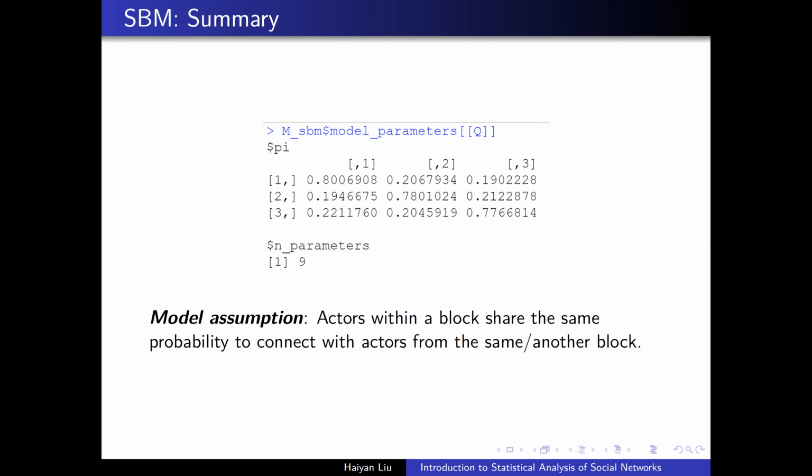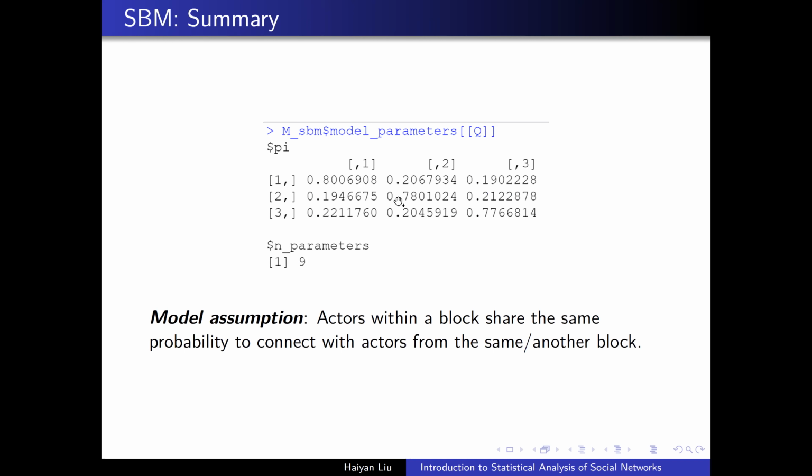Based on ICL, Q equals 3 is the best model. So we interpret the model using Q equals 3. When Q equals 3, the pi matrix is a 3 by 3 matrix. The first diagonal element is the probability for nodes to connect if they both belong to cluster 1.